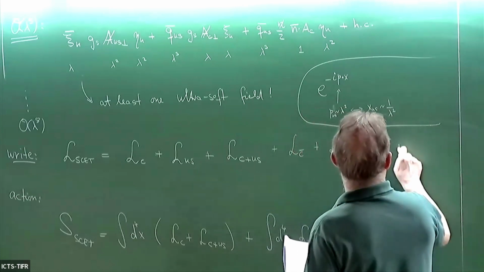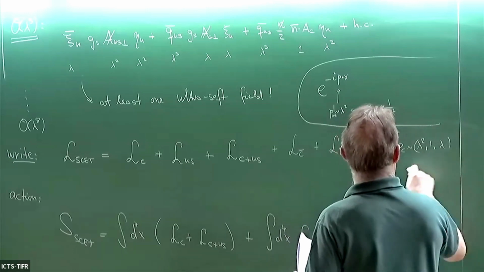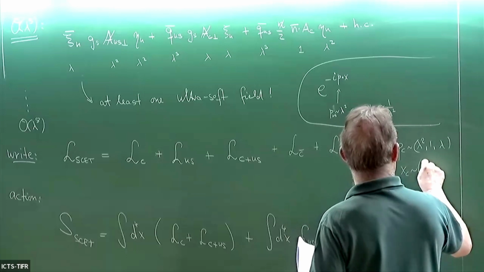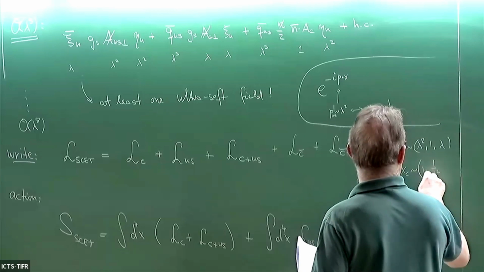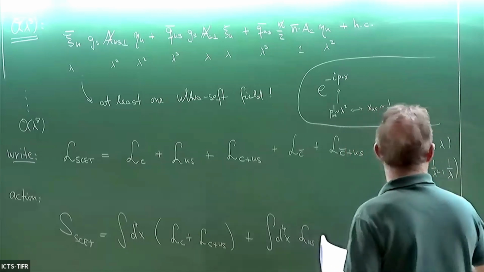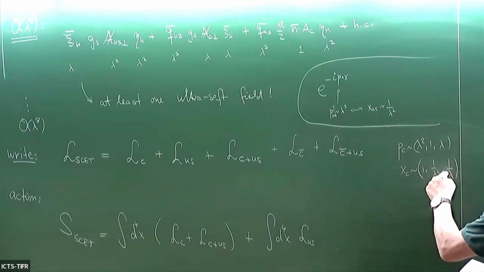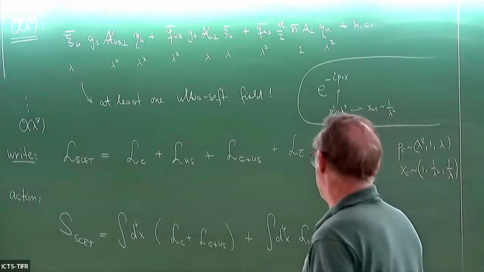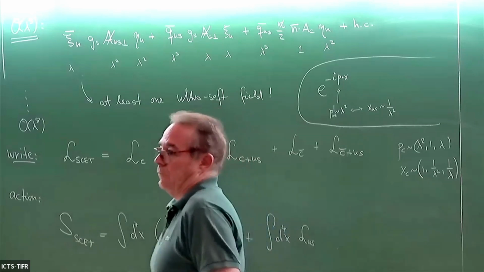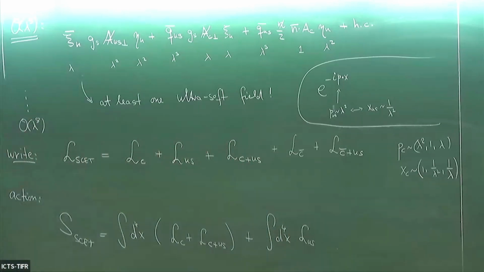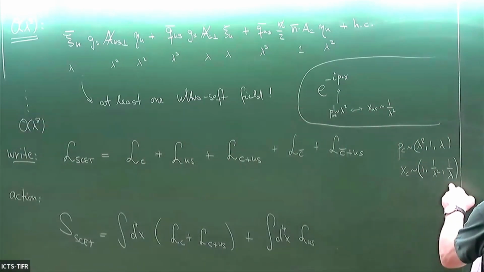And p collinear of order lambda squared, 1, lambda means x collinear of order 1 over lambda squared, 1, 1 over lambda. When I take a scalar product, this goes together with this, and this goes together with this. Now, whenever I have collinear fields in a Lagrangian, the scaling of the Lagrangian is set by the collinear dynamics, so I need to apply this scaling.